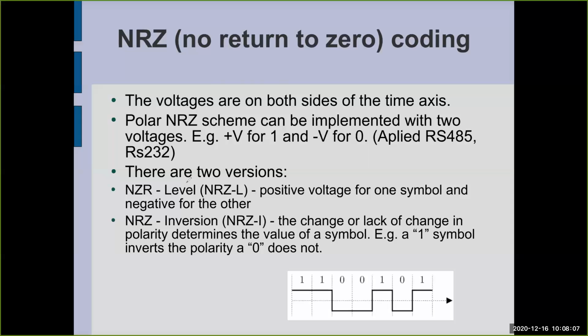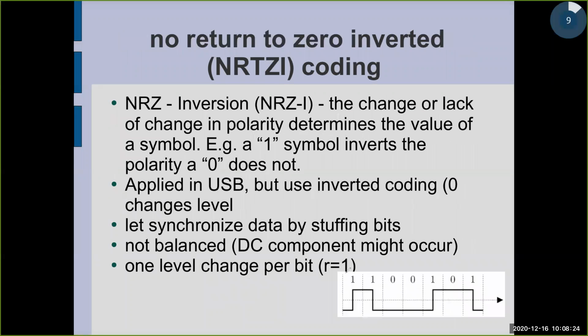Okay, so the second method is NRZI, so non-return to zero inverted.